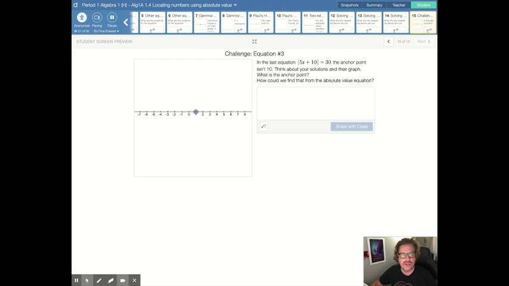Think about your solutions and their graph. What is the anchor point? How could we find that from the absolute value equation? I'd like to see complete sentences here, and I'd like to see academic vocabulary, and I'd like to see you applying the definition of absolute value that we kept working with throughout this activity.